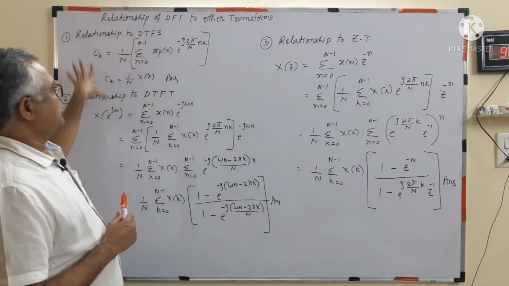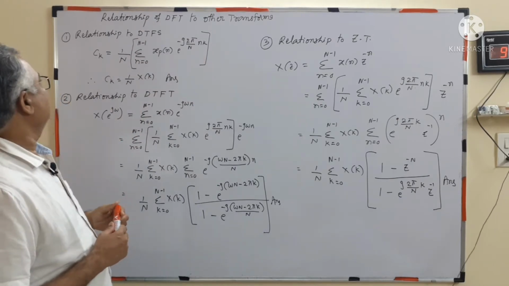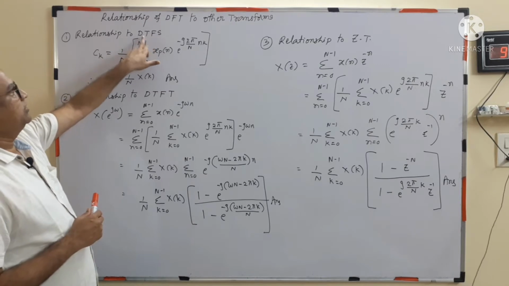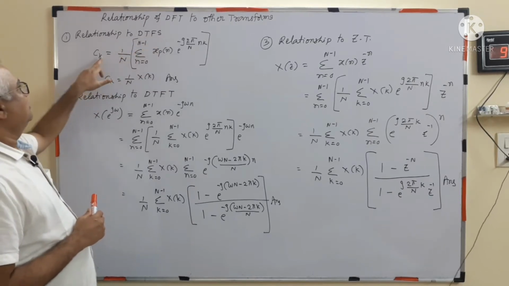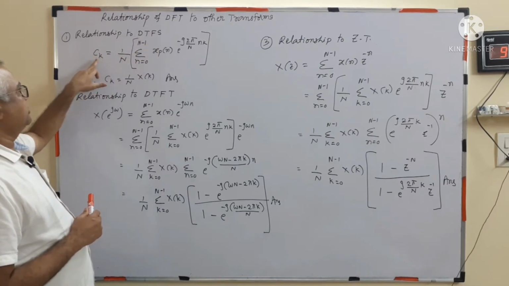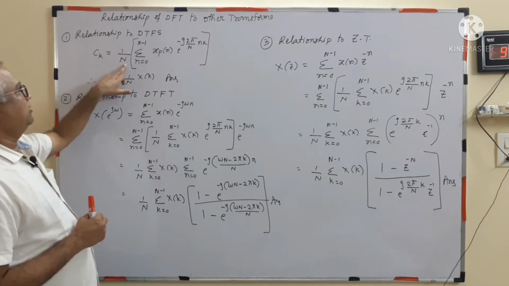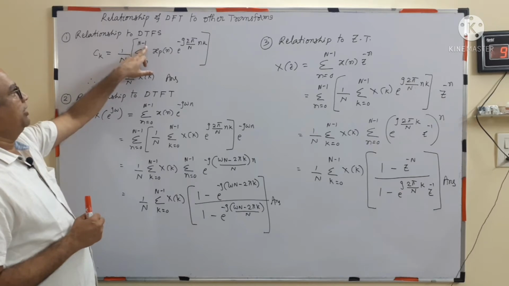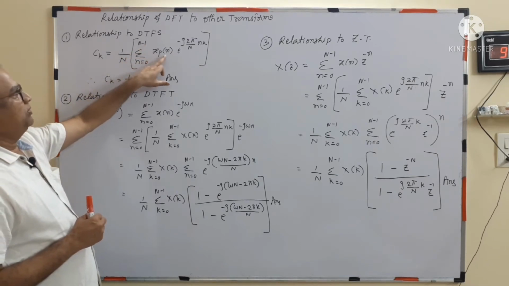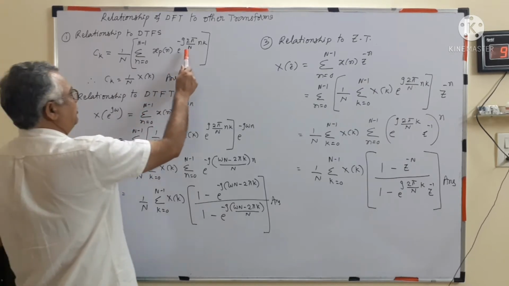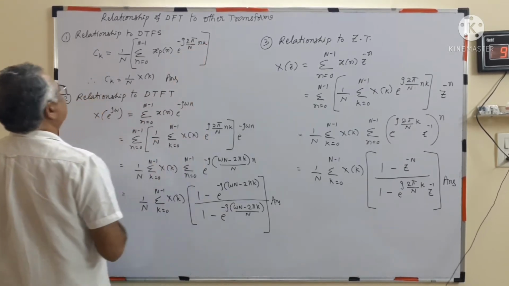This one is not there in the syllabus, but all three I am covering. So, relationship to DTFS, the discrete time Fourier series. What is the formula for the Fourier series coefficient? Ck equals 1 by N, sum from n equal to 0 to N minus 1, xp of n e power minus j 2 pi by N nk.